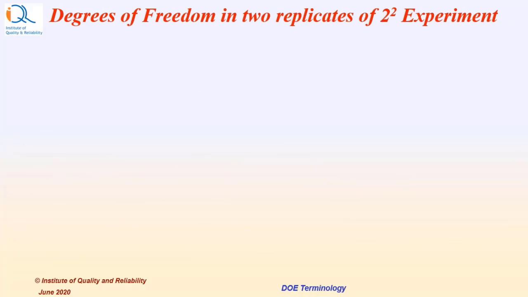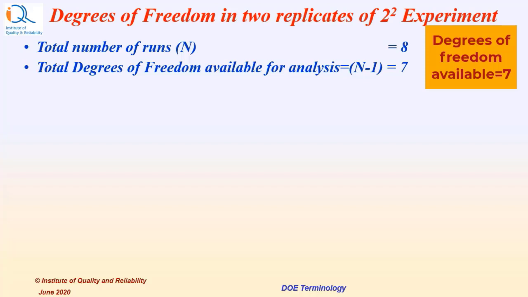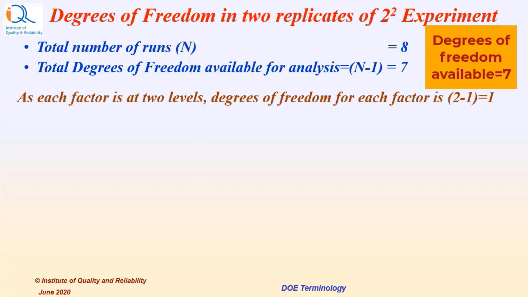Now let us see what happens if we have 2 replicates of the 2 to the power 2 design. The total number of runs is now 8. Therefore, the total degrees of freedom available for analysis is 8 minus 1, that is 7. As each factor is at 2 levels, the degrees of freedom for each factor still remains same, that is 1.